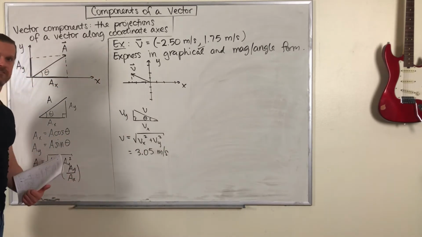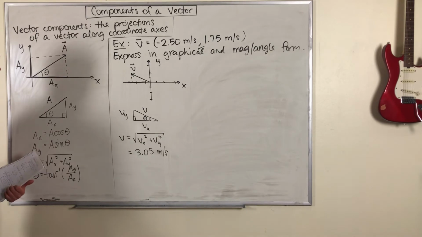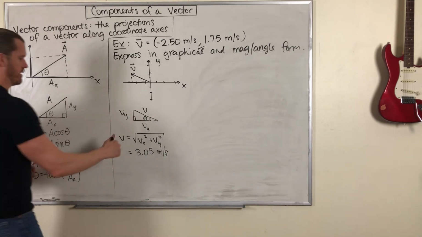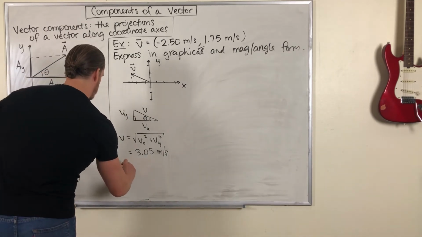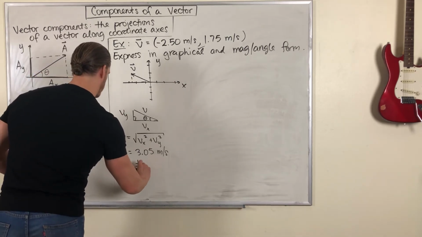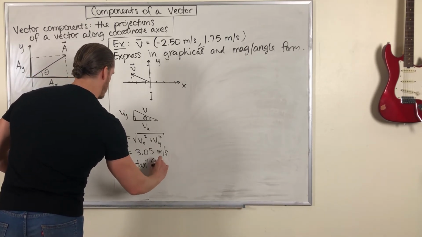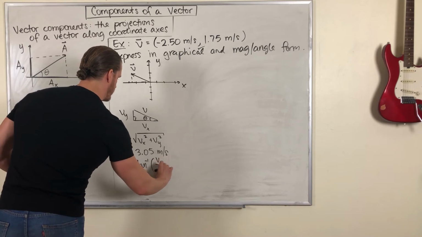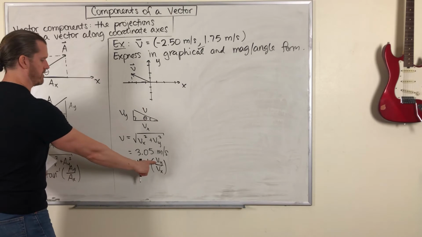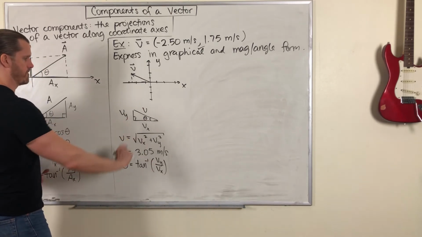It's still a speed, still has those units in meters per second. And this angle is the inverse tangent of opposite over adjacent, opposite Vy, adjacent Vx.